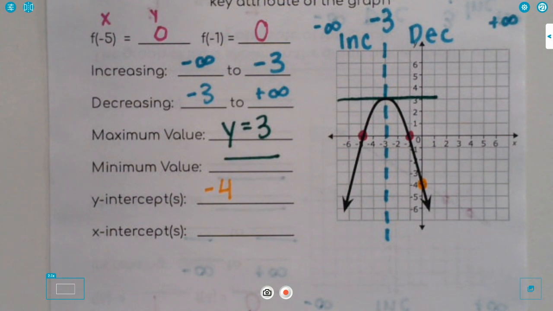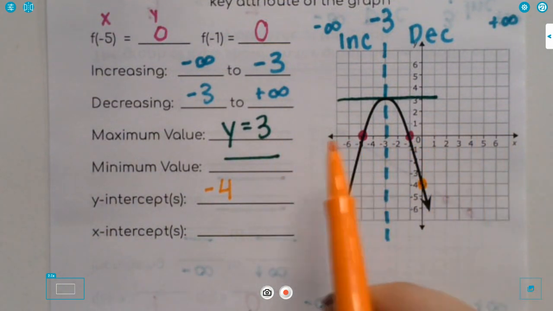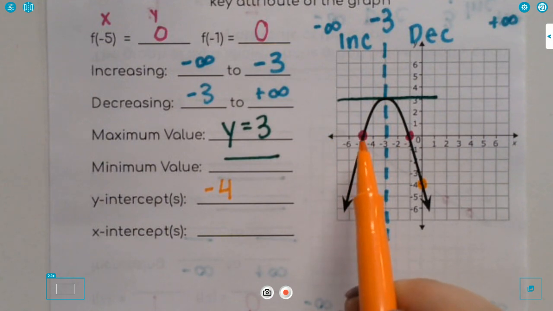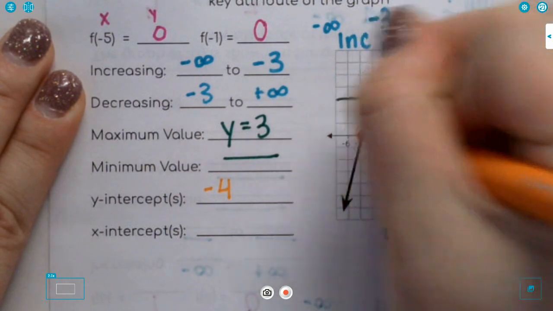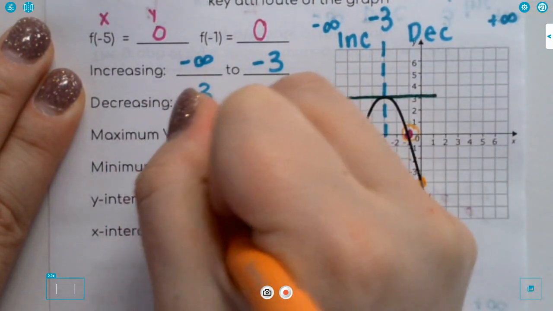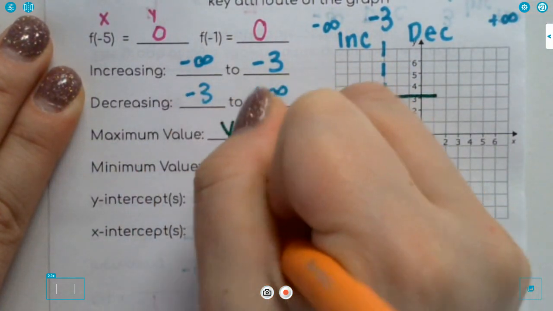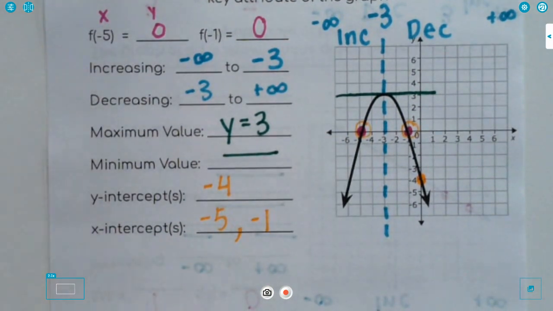Okay, for our x-intercepts, it's where we cross our x-axis. We've already got dots on both of those. It's right here at -5 and -1. So we'll just list those. We can put a comma between them. But don't put parentheses on them because then it looks like an ordered pair.